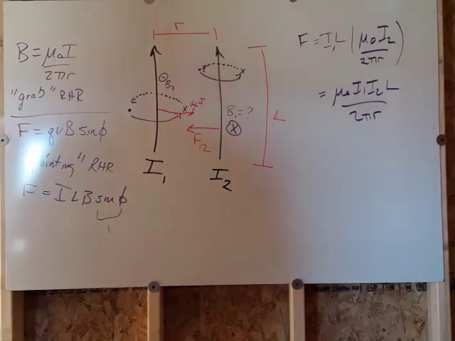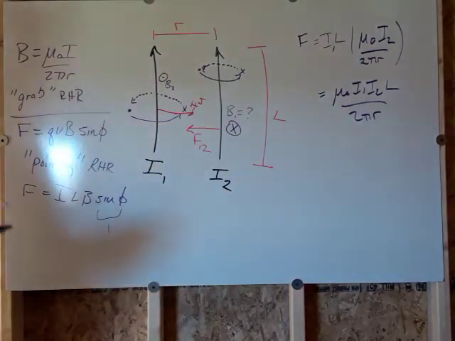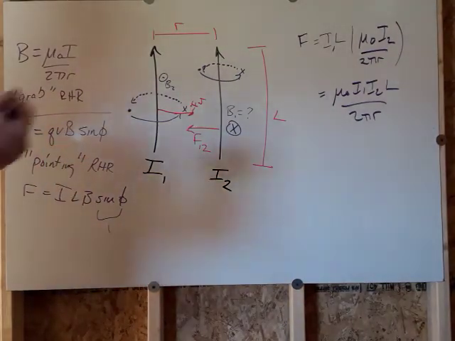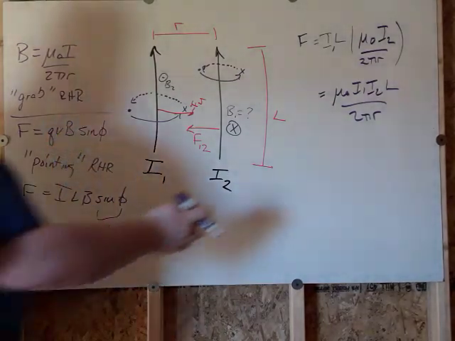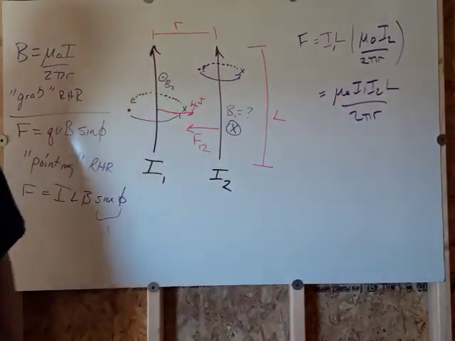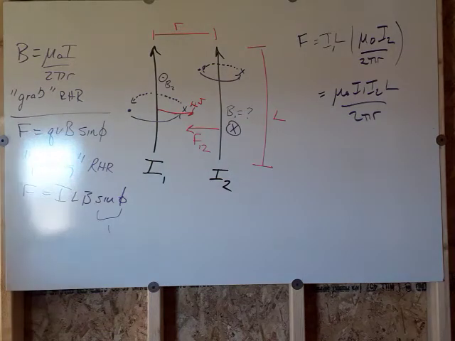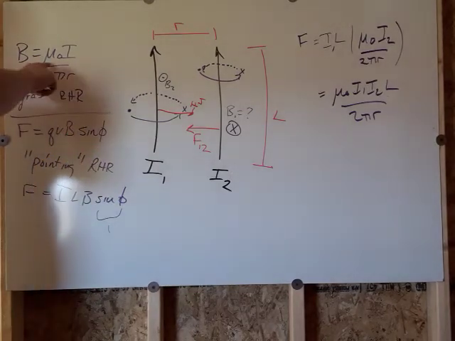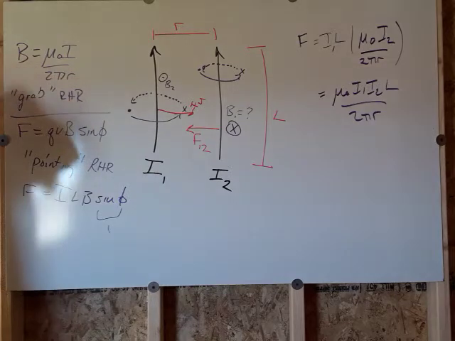Okay. So you could put some numbers in here, all right, and we'll do that. I should tell you what this mu naught is. It is a thing that makes the units come out correctly. It is coming from this equation up here. We need to go from current and distance to field.